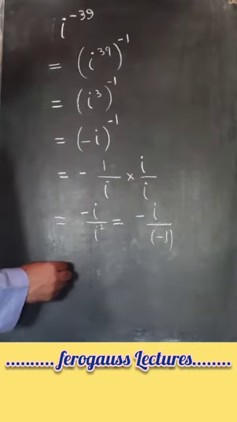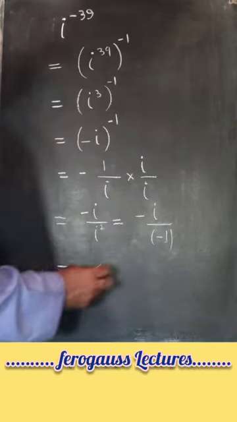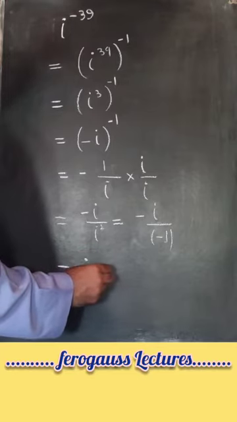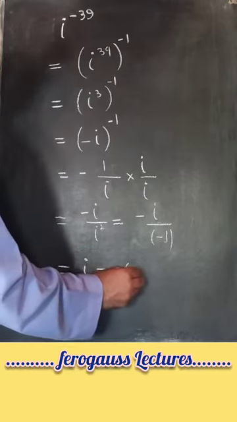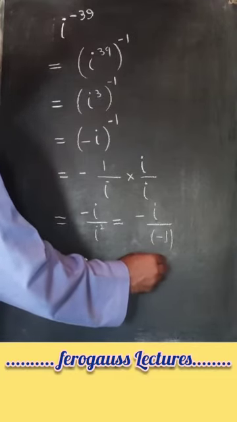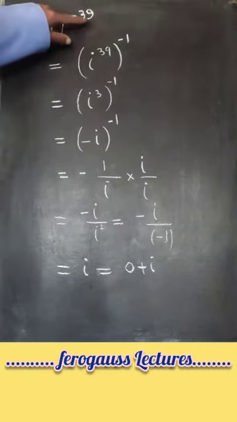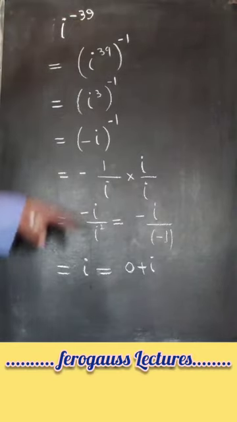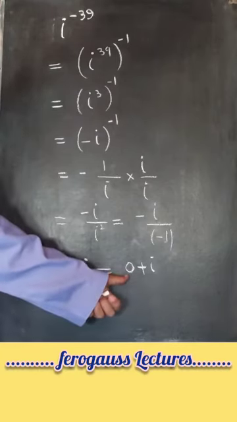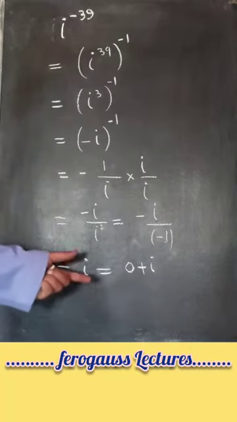Okay, that is further equal to minus iota divided by minus 1, that is equal to iota. Or we can write it as 0 plus iota, or 1 iota, that is iota. Thus we write iota raised power minus 39 in the form of a plus iota b. Here a is equal to 0 and b is equal to 1. This complex number is purely imaginary.